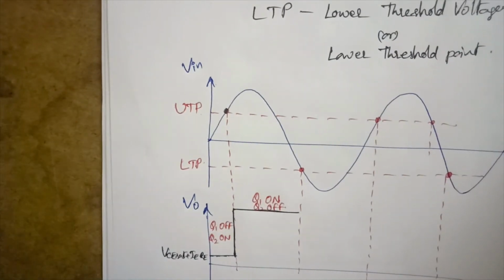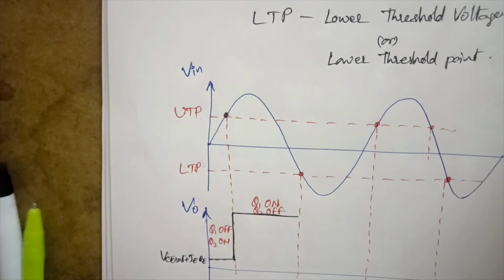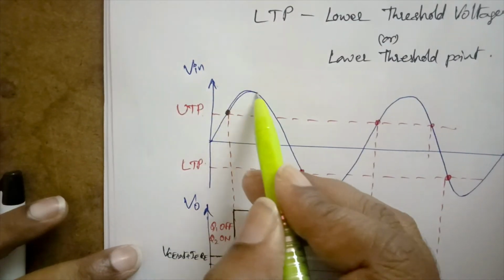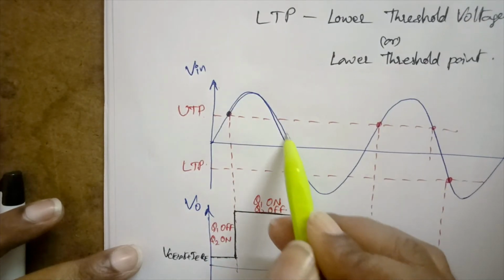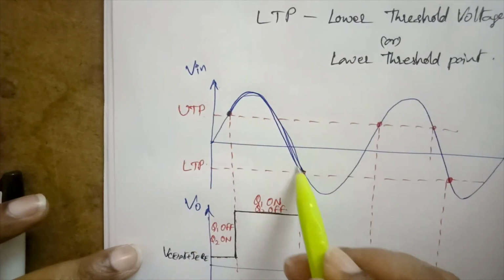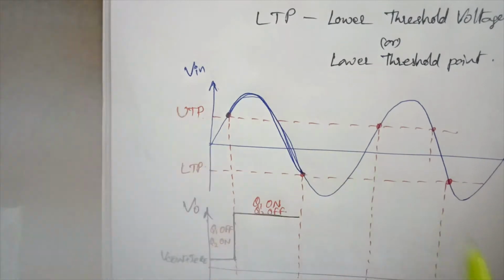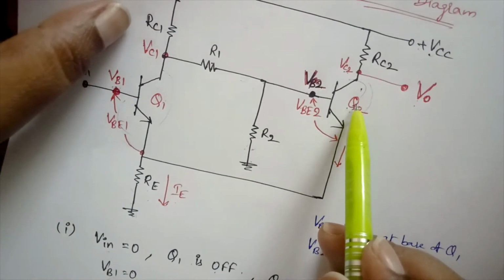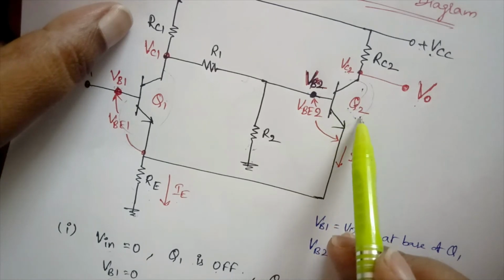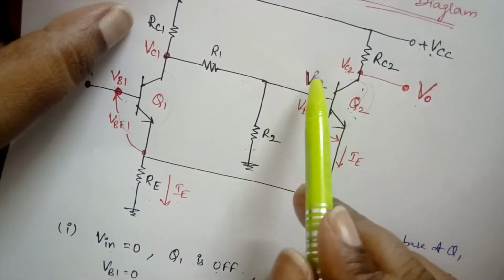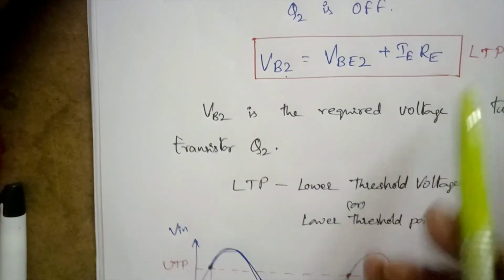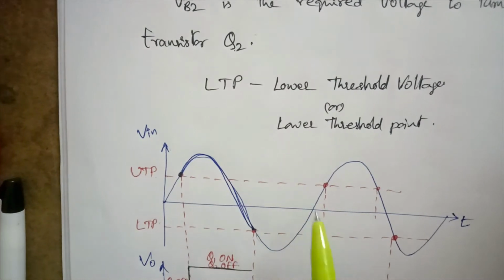Now what happened? Again at this point, when the input waveform reaches LTP, up to this point Q2 is off. When the input reaches the lower threshold point, then Q2 will be on.